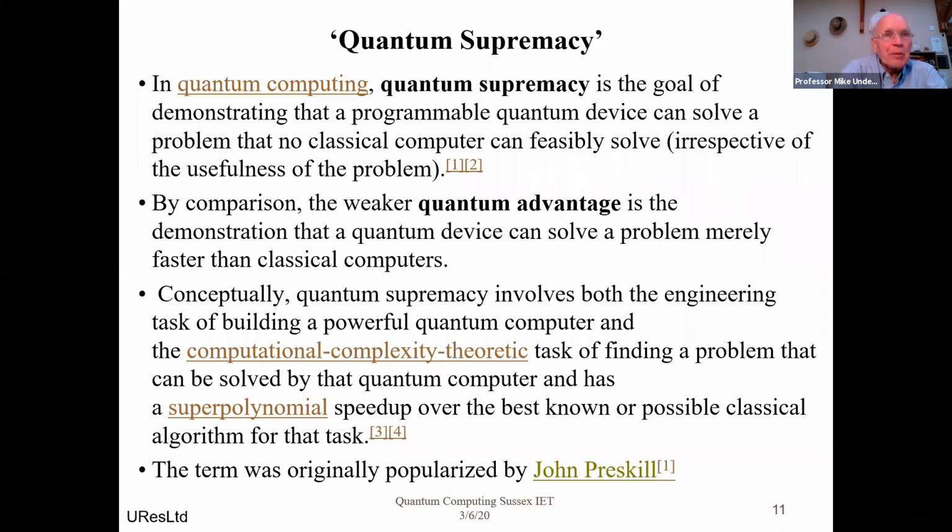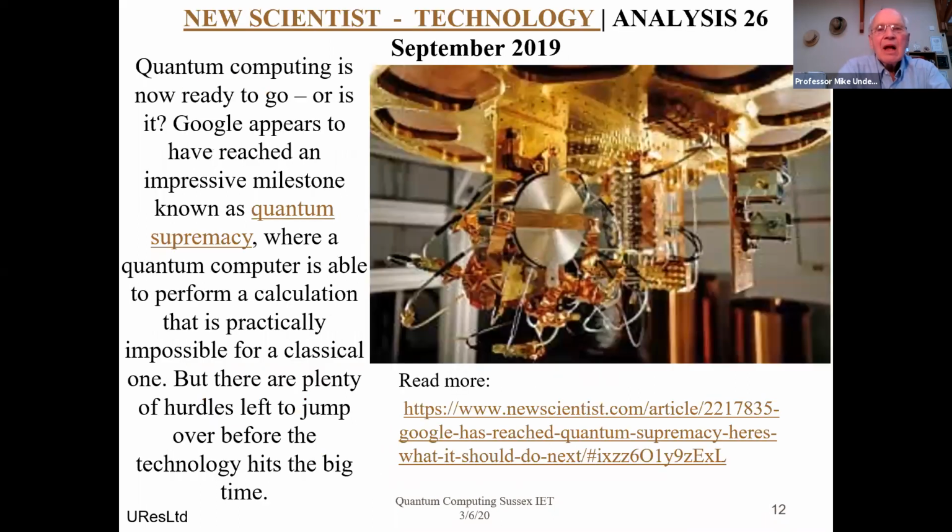And I have been name dropping for a minute. I have been in the same room as John Preskill at an American conference a couple of years ago. Now, let's have a look at some of the hardware which is required for it.